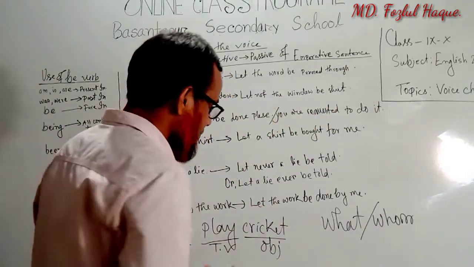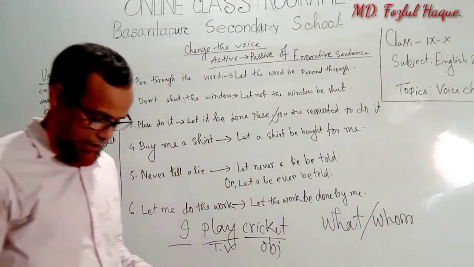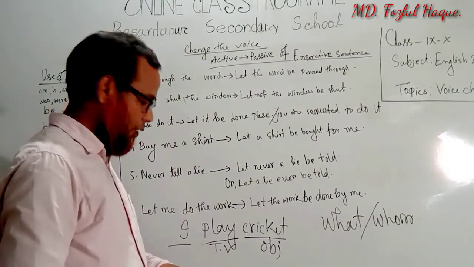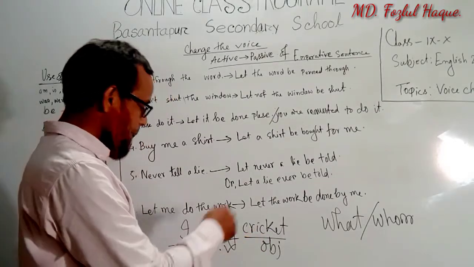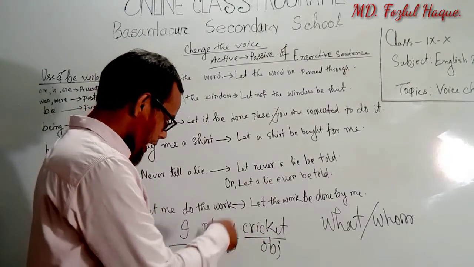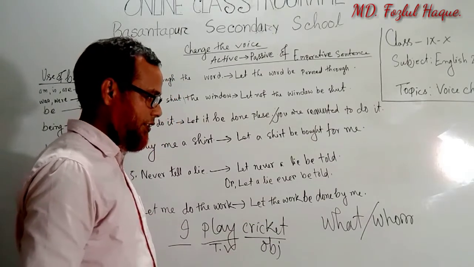By asking what and whom, we can get the object. I play cricket. What do I play? Cricket. So cricket is the object.